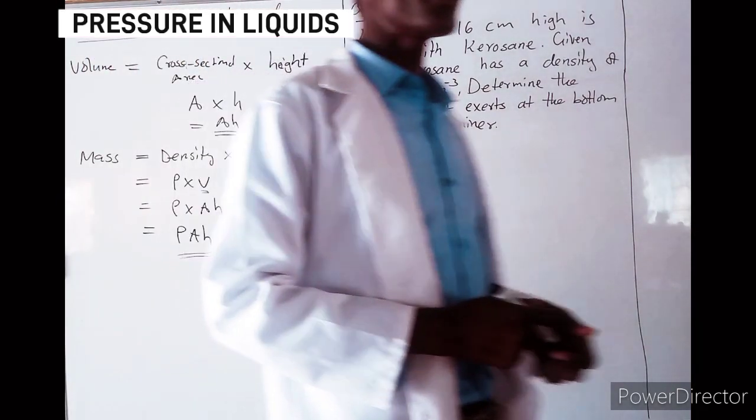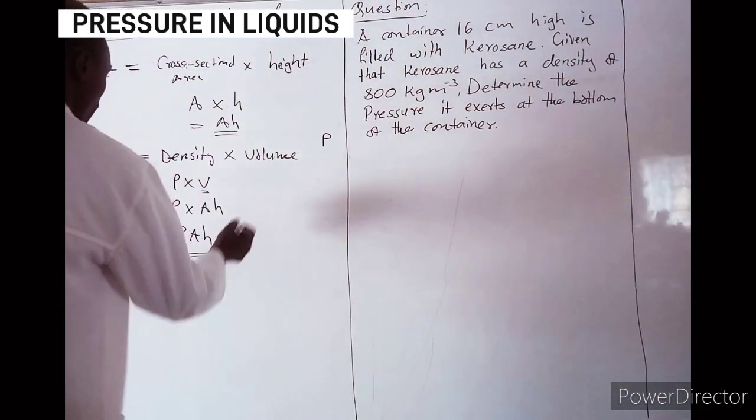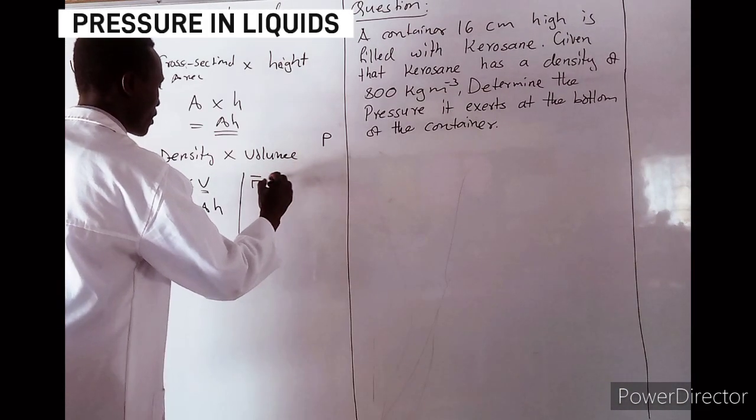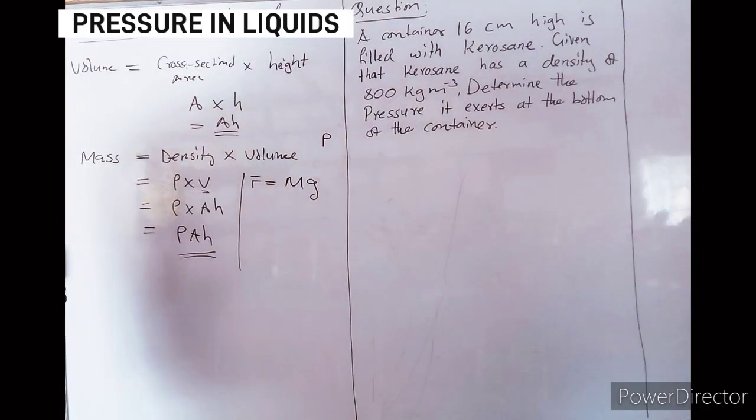But also we said that pressure is given by force over area. And force is equal to mass times gravity.